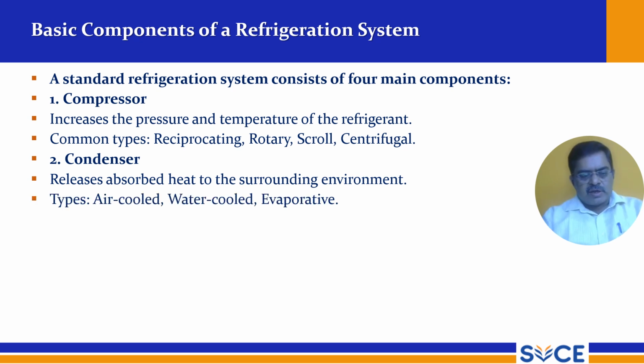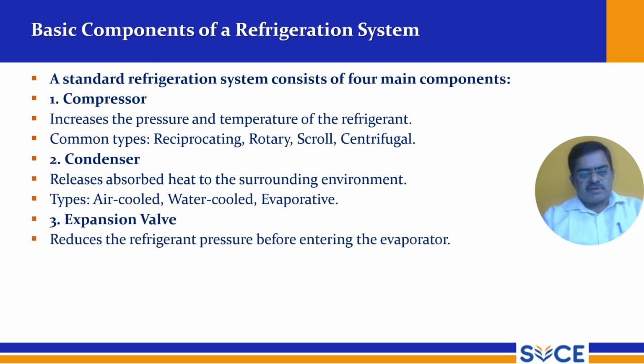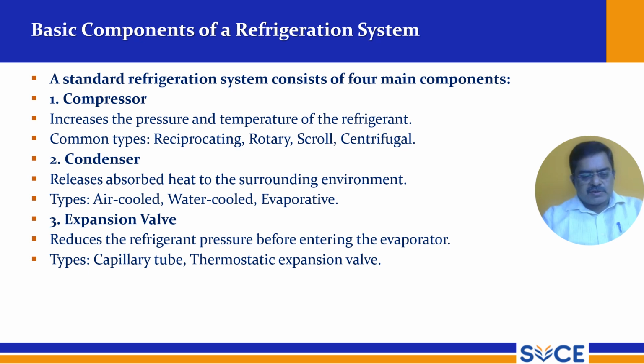Types are air cooled, water cooled, and evaporative. Then the expansion valve reduces the refrigerant pressure before entering the evaporator. Types are capillary tube, thermostatic expansion valve, and a few other expansion valves.